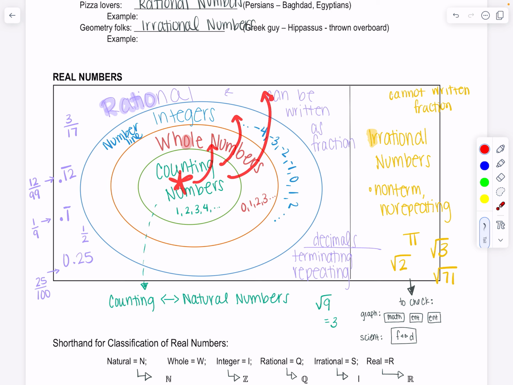That's why these circles are drawn within each other, because a number like 2 most specifically is a counting number, but 2 is also a whole number. 2 is also an integer, and 2 can also be written as a fraction, 2 over 1. And so that's why we're going to use this table, because we're going to check all that apply.